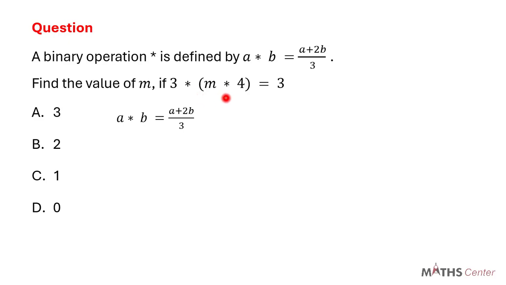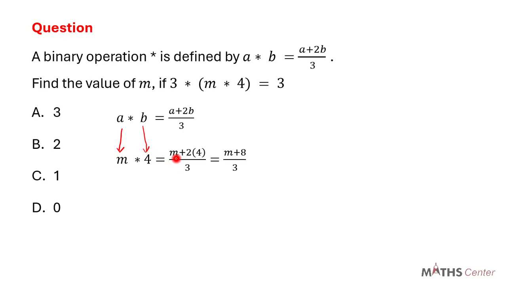When you look at the left hand side, we have 3 star M star 4. But because this is a binary operation, we can compute only two numbers at a time. So we will begin with the one in the bracket, which is M star 4. So what is M star 4? When we compare A star B to M star 4, we can see that A is M and B is 4.